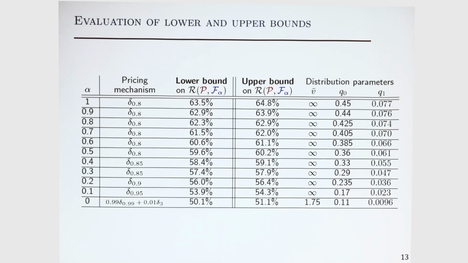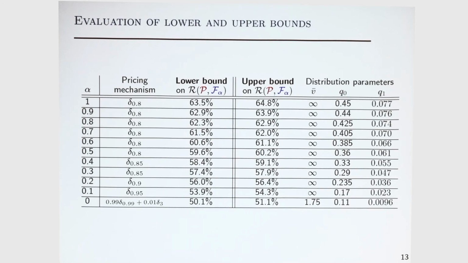Sometimes the bounds are very tight. For example, if we look at alpha 0.2, we are almost at 0.4%. This is mainly due to numerical evaluation, and there is a non-trivial part in the paper on how we evaluate these bounds. It's not even clear, even if we get them.